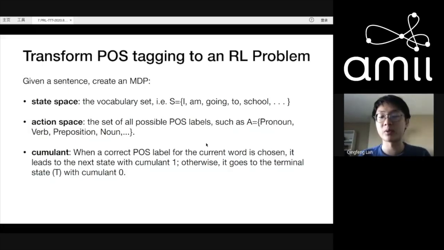When a correct action is chosen for the current word, where the label is the same as the action, it leads to the next state with cumulant 1. Otherwise, if you take the wrong action, which means you predict the wrong label, you will get 0 cumulant, and you will go to the terminal state T.